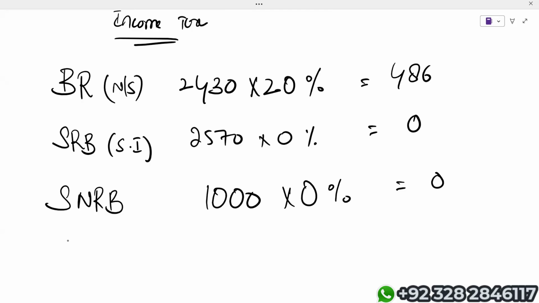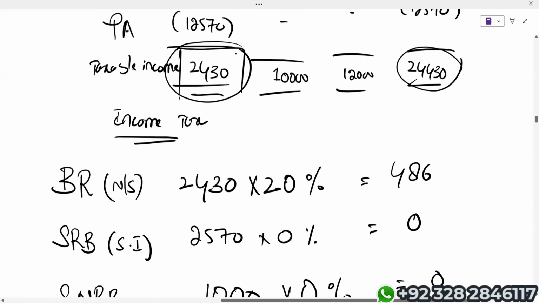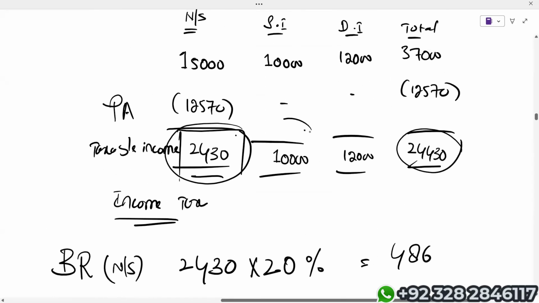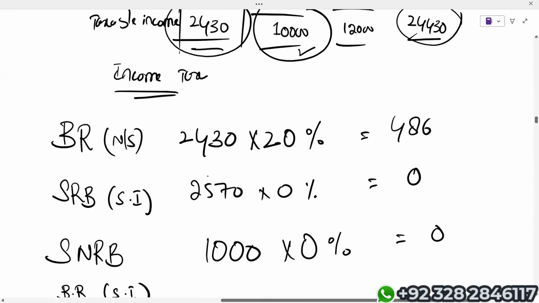Now, remaining savings income obviously falls in the basic rate band. Taxable savings income is 10,000 pound. Out of that 10,000, we have taken 2,570 in the starting rate band and 1,000 in the nil rate band. So how much is left? 10,000 minus 2,570 minus 1,000.